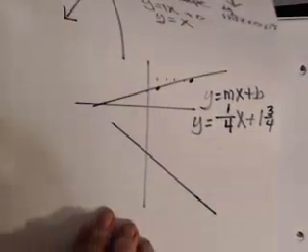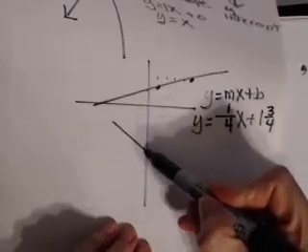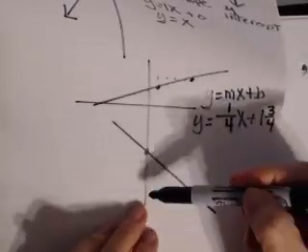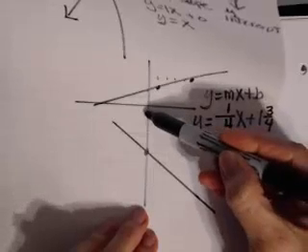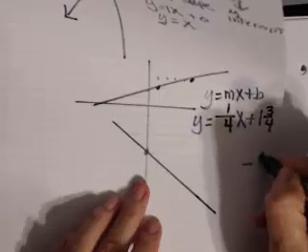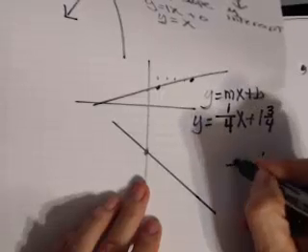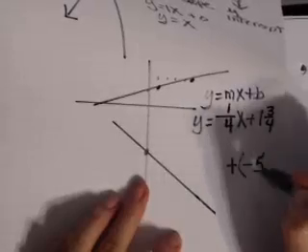Say that you have a line like this. Here is where it intersects the y-axis at 1, 2, 3, 4, 5, at -5. So that's going to be my b, at -5.